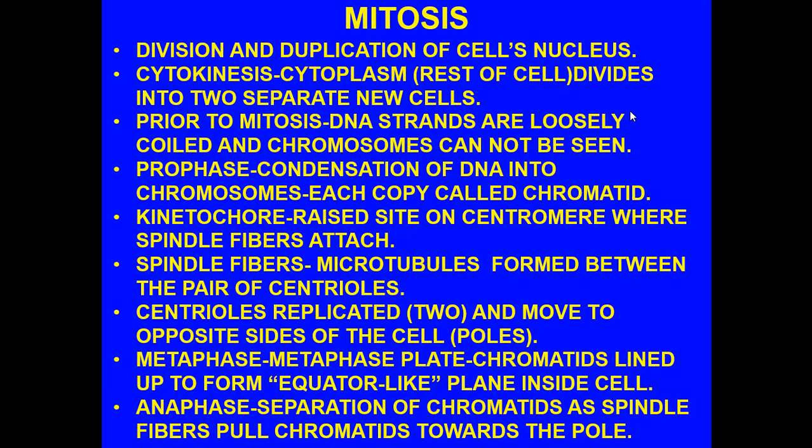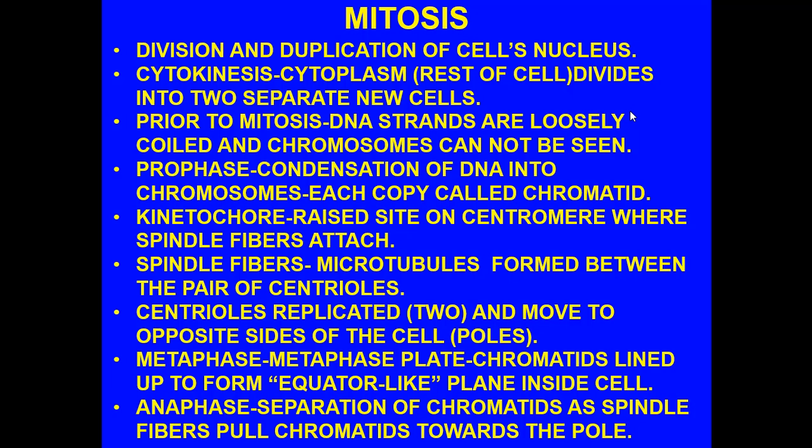Remember, if I had 2 copies of chromosome 1 and I go through S phase, I'm now going to have 4 copies. I'm always going to have an original, and a copy that's made. So the original and the copy get held together by a centromere. But then there's an extension off the centromere called the kinetochore where the spindle fibers attach. We're going to talk about the spindle fibers in a second.